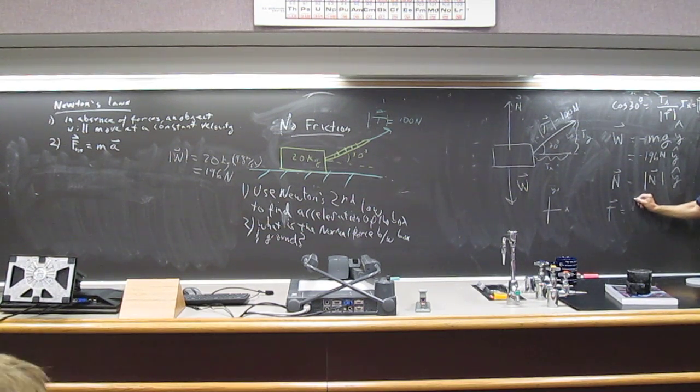So this would be square root of 3 over 2. Oops. I'll tell you what, I'll just write it in terms of cosine. 100 newtons cosine of 30 degrees x hat. How much of it points in the y direction?